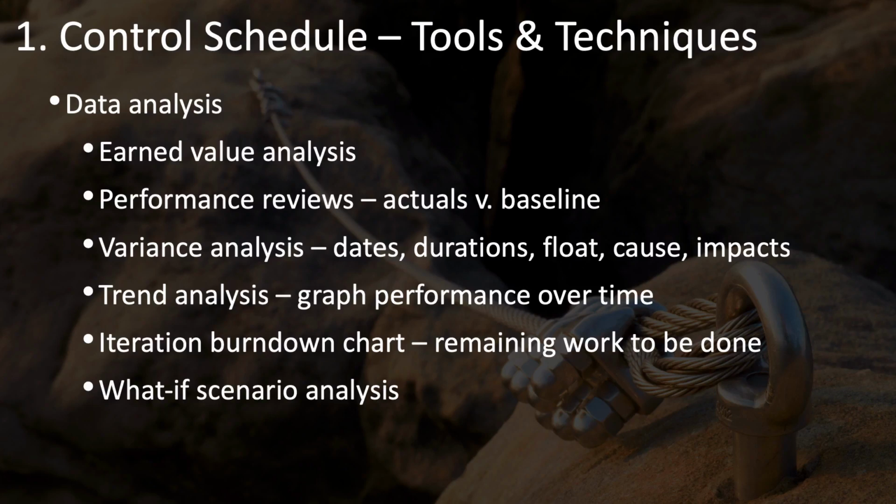Trend analysis is when you graph the performance over time. The iteration burndown chart, which shows the remaining work to be done in an iteration. And what-if scenario analysis, in which you experiment with different scenarios and how they can affect your project schedule.